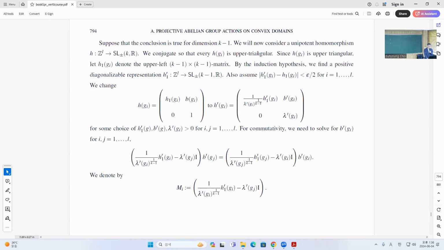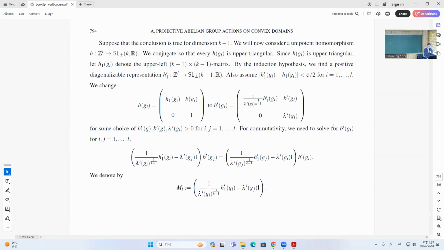And then you can conjugate, so it's upper triangular, and you denote these k minus 1, k minus 1 matrix to be the upper left one. So these are still upper triangular. By induction hypothesis, you can approximate these ones up to epsilon minus 1. In general, you can perturb these to this with some changes in lambda here.